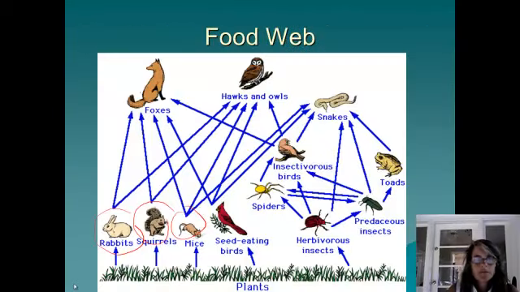Now, because it is more complex, food webs are also more stable than food chains, okay? So, if one season something happens to the rabbit population, that means the fox doesn't necessarily have to just starve. He might be able to eat squirrels, he might be able to eat mice, and then when the rabbit population rebounds, the foxes will still be around, it'll be okay. But if the rabbit population never does rebound, then the fox population might put too much pressure on the squirrels and so on.